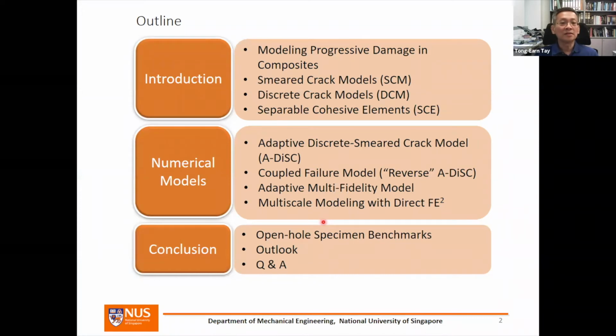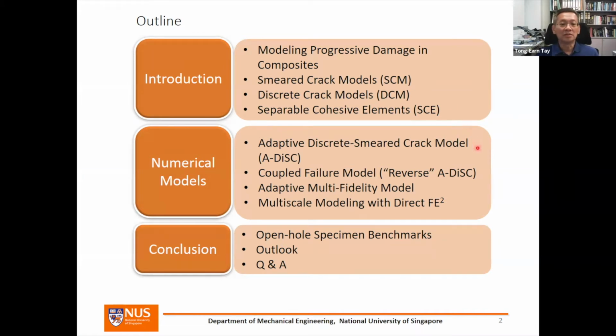This is the outline of my talk. First, I will talk a little bit about introduction of various models that are currently being used to model progressive damage: smeared crack models, discrete crack models, and then something that we developed called separable cohesive elements.